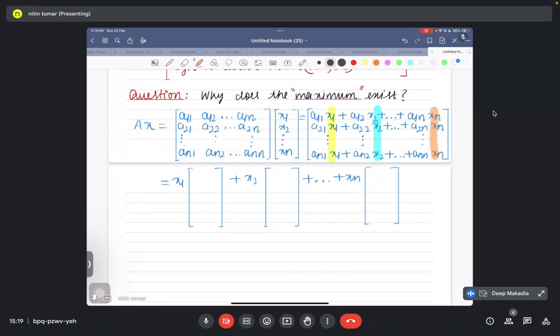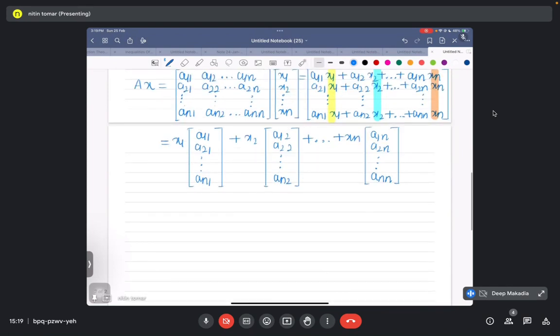And here everything is in xn. So if I ask you what should be the first column here, it should be A11, A21, up to An1. Am I correct? But what are these? These are columns of A. This is the first column of A.